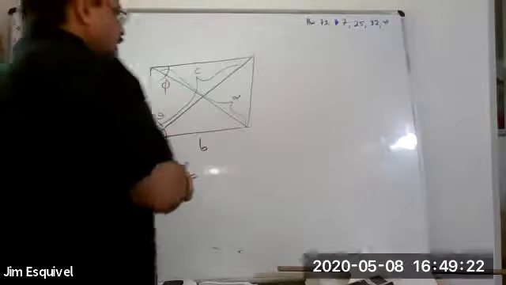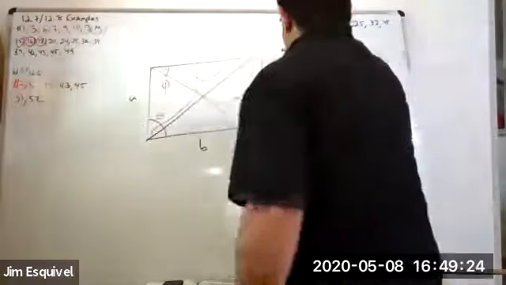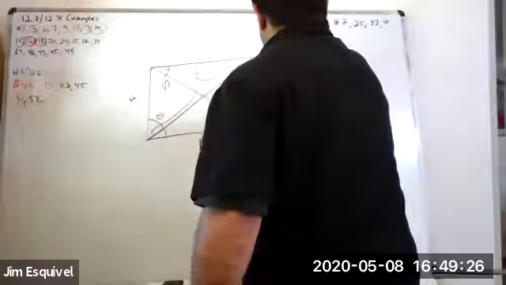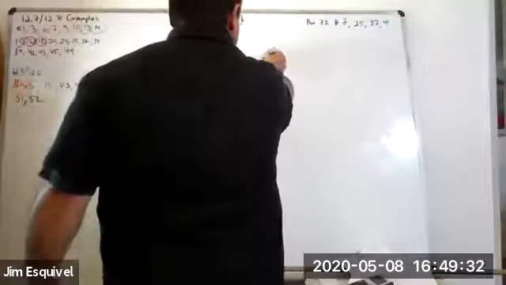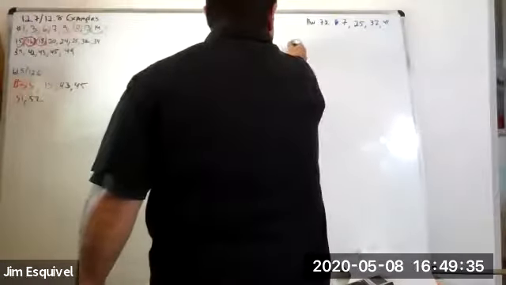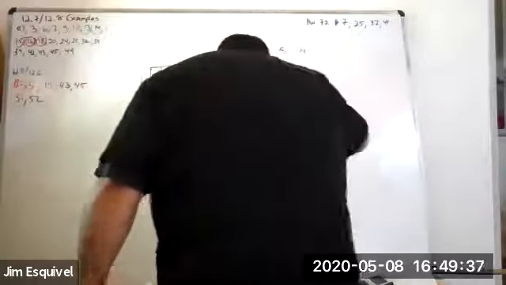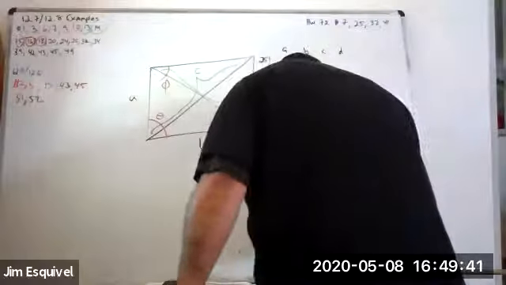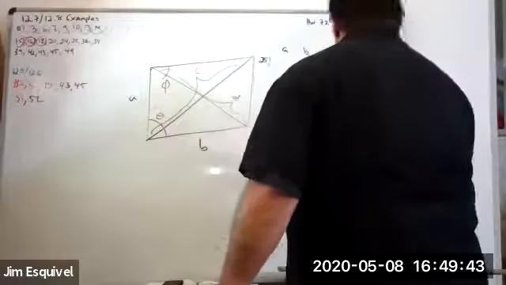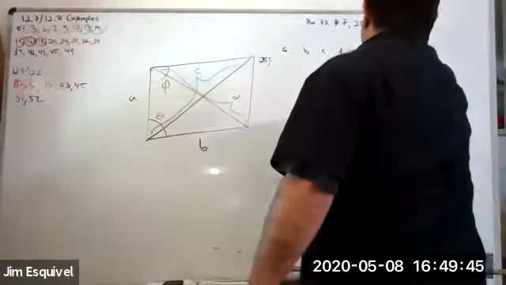So on 25, fill in the table. A, B, C, D, theta, and phi, or phi.